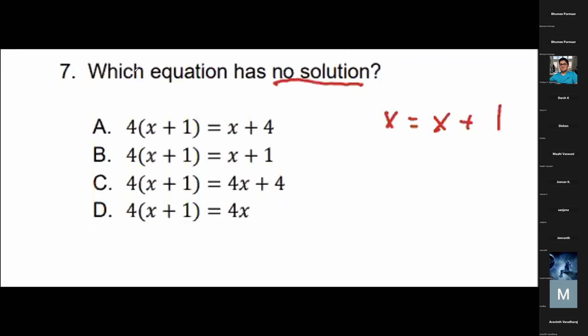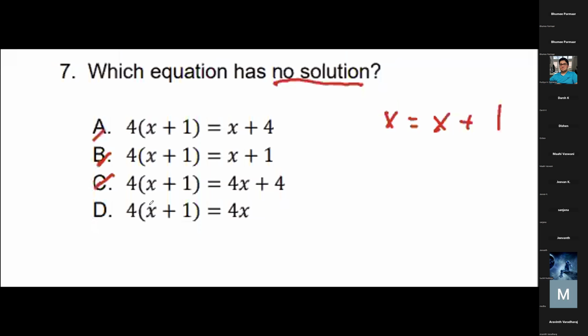So for A, we would get 4x plus 4. Well, 4x is not the same, the slope is not the same as just normal x. Same thing for B, where we would get 4x and we get x on the other side. For C, we get 4x plus 4 equals 4x plus 4. Well, that's always true because they're the same equation.